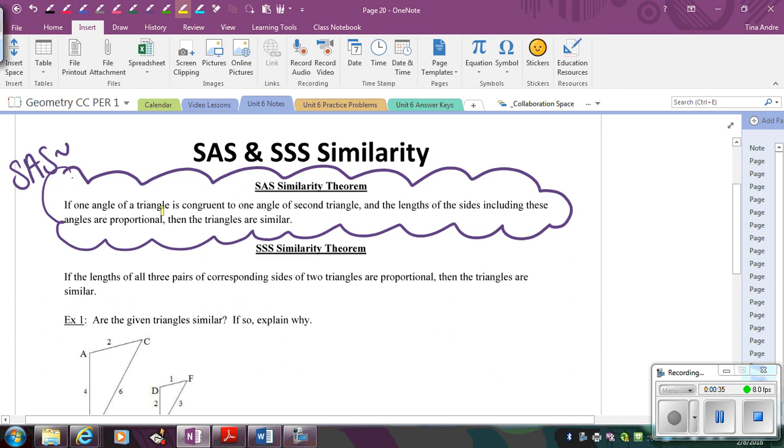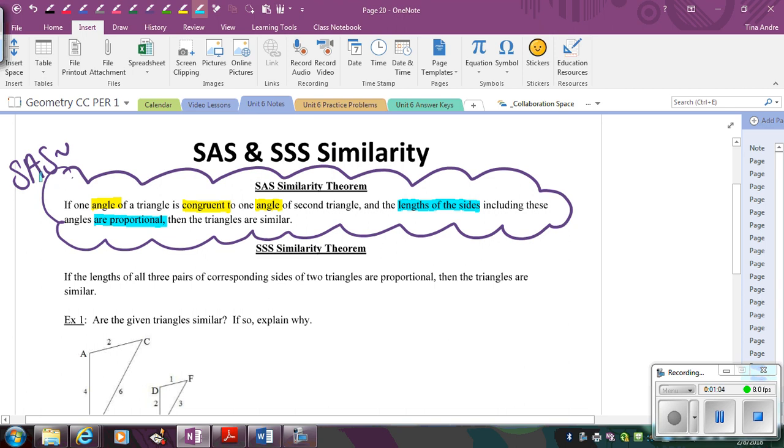What it says is if one angle of a triangle is congruent to another angle, so the angles are going to be congruent, but then the lengths of the sides are proportional. The two sides that touch that angle, or make that angle the included angle, have to be proportional.